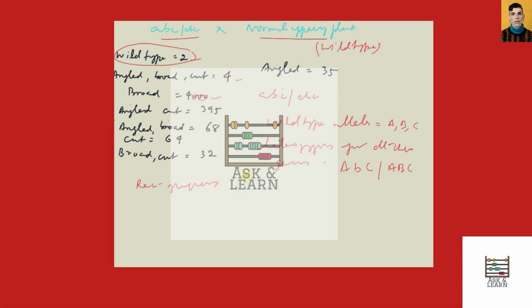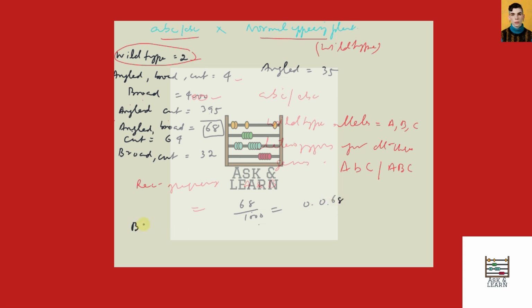So recombination between A and B: the recombination frequency between A and B, angled broad, is the number of recombinants, angled broad, which is 68, divided by the total number of progeny, which is 1000, is 0.068.